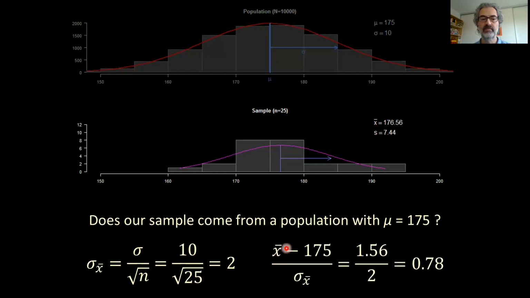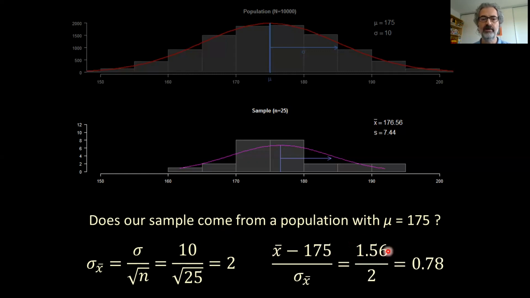Our mean is 176.56. This is for our one and only sample. And we want to compare our mean to the reference value of our question. Our question is, does our sample come from a population with population mean equal to 175? So how far from that reference value are we? Well, we have to subtract this from our own mean. 176.56 minus 175 is 1.56.